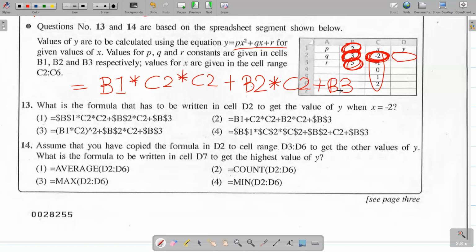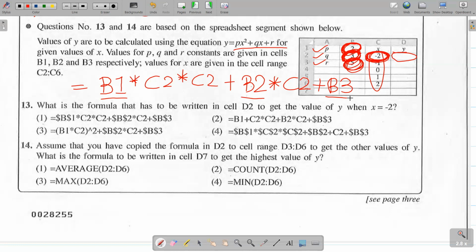If we want to consider the absolute values, let's consider it once we take the answer, right? Since the values of P, Q, and R are only displayed in these cells, the B1, B2, and B3 values must be in absolute mode. So first let's figure out whether we have the correct answer with the other components, right?